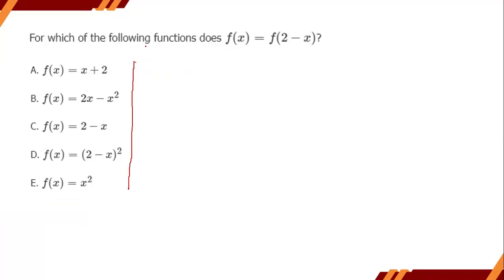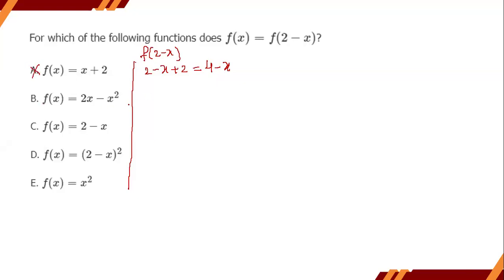So f of 2 minus x, okay? Every instance of x is to be replaced by 2 minus x. So 2 minus x plus 2, right? Which gives us 4 minus x. So f of x is equal to f of 2 minus x? No. So eliminate answer choice A.